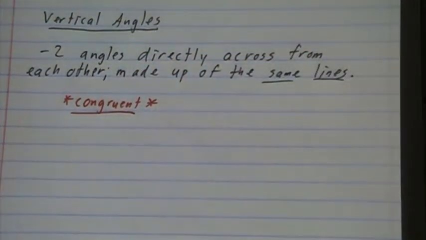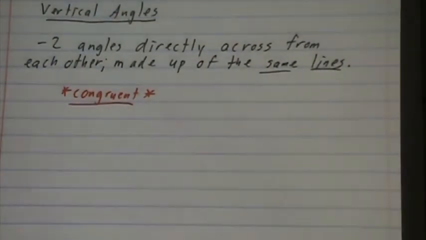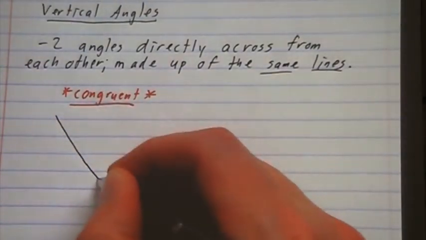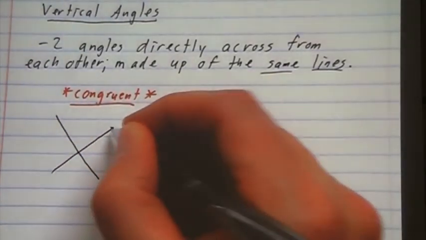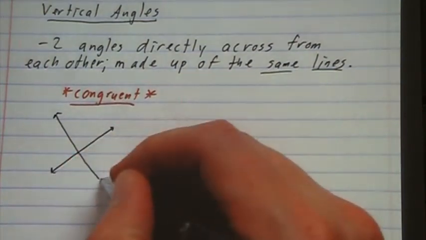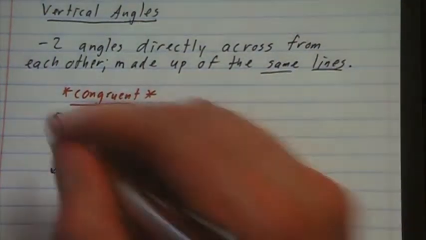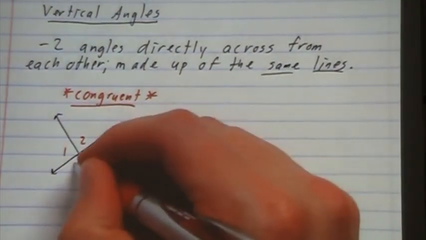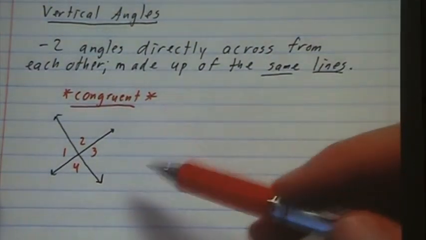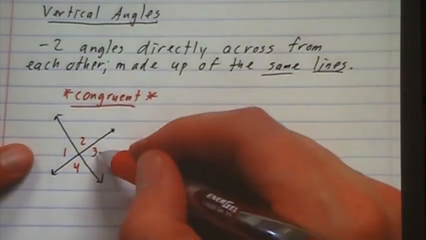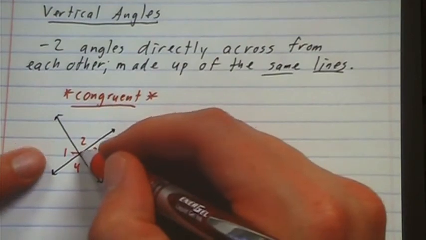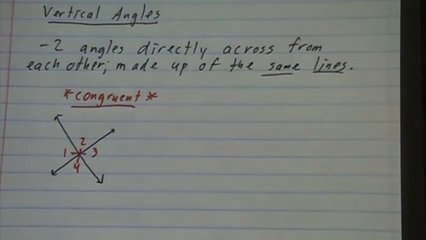Okay. I'm going to give you some examples of this guy. So in this particular situation, 1 and 3 are right across from each other, and 2 and 4 are right across from each other. Those guys are vertical. Remember, that means they're also going to be congruent.